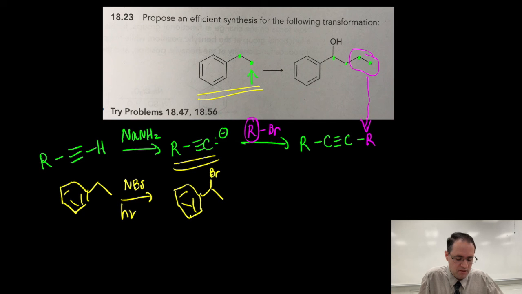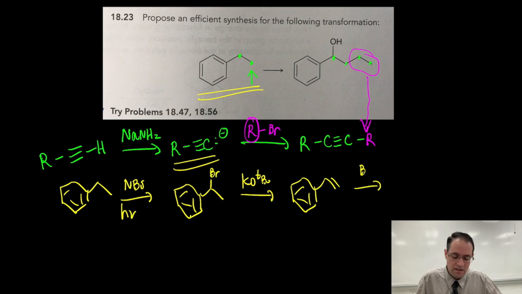Okay, this will be a benzylic radical, free radical halogenation reaction. We'll treat this with potassium tert-butoxide, right? That will give me styrene. So I'm almost there. If I treat this with bromine, I'll form the vicinal dibromide.